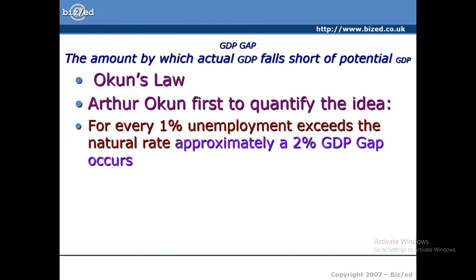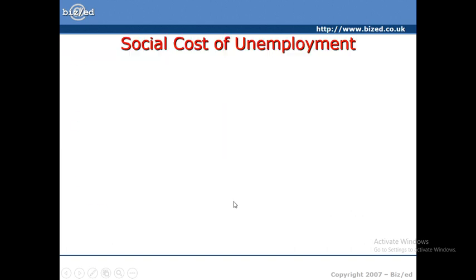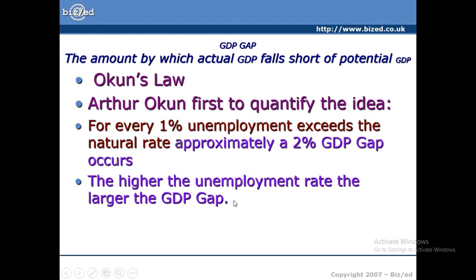So that is the quantifier. Okun quantified this relationship. What does it mean? The higher the unemployment rate, the larger the GDP gap. That is known as Okun's law. Okun's law quantifies the relationship between the GDP gap and unemployment.